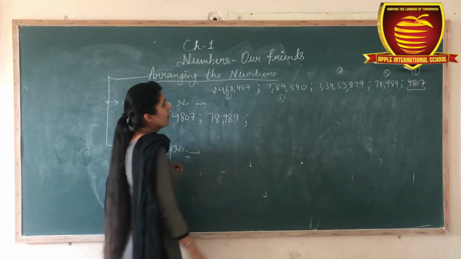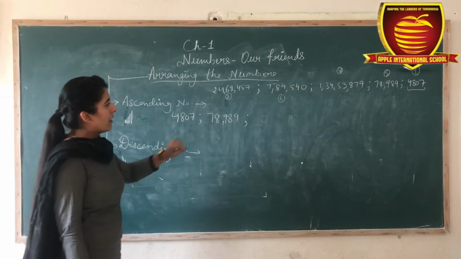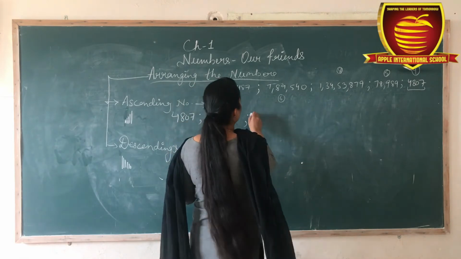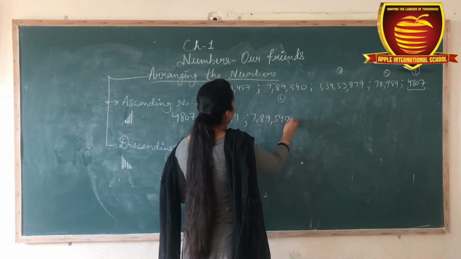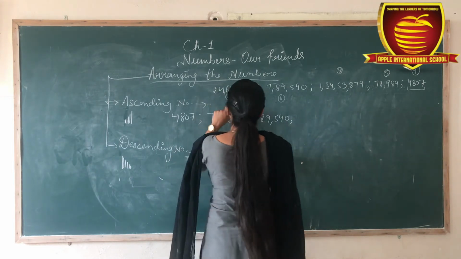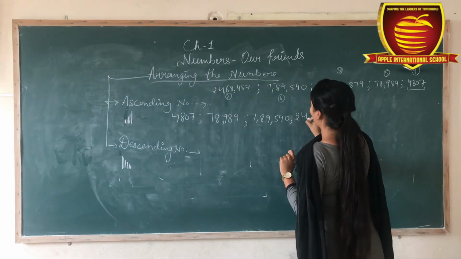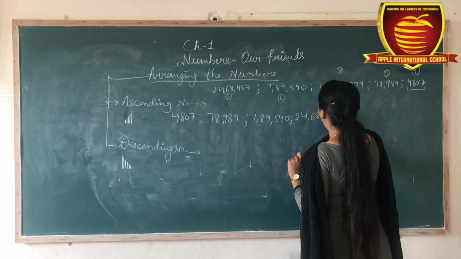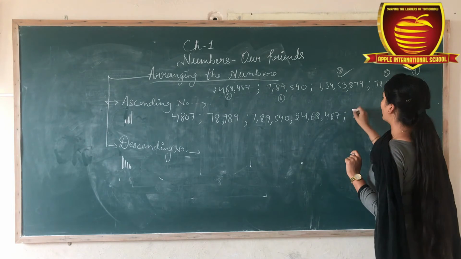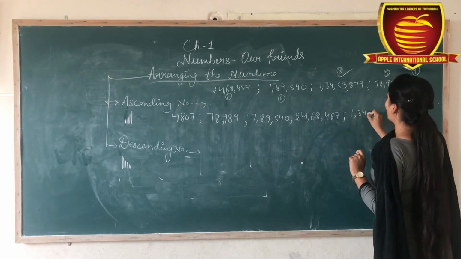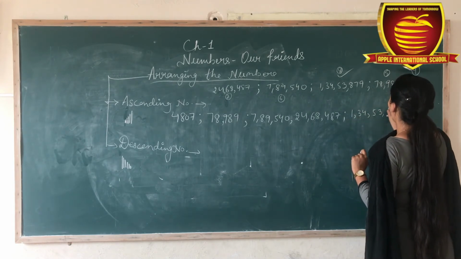After that there is a 6-digit number, 789540. After that a 7-digit number, 2468487. After that the 8-digit numbers. This question is very easy.